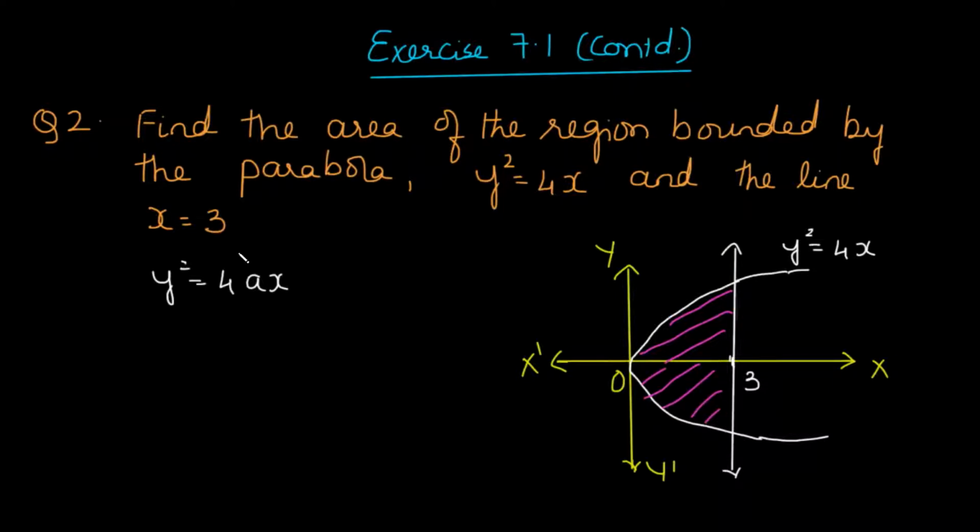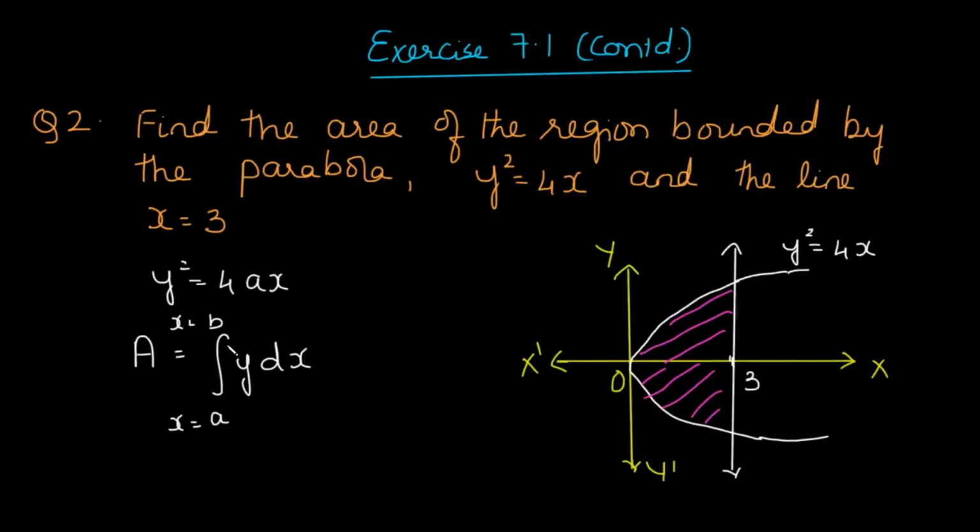Now when we apply the formula, area is equal to integral from a to b y dx. Now in this case, a to b means x is equal to a, the area between the lines x is equal to a and x is equal to b.